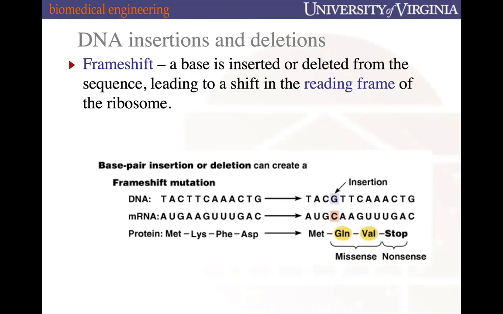And by nature of the reading frame being for one codon, that's 3 nucleotides, that one insertion in this example, where we go from TACTT, where we have now guanine inserted, to TACGTT, this changes the subsequent codons as a result of that insertion mutation.